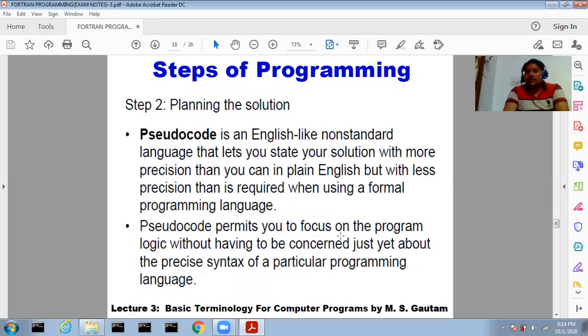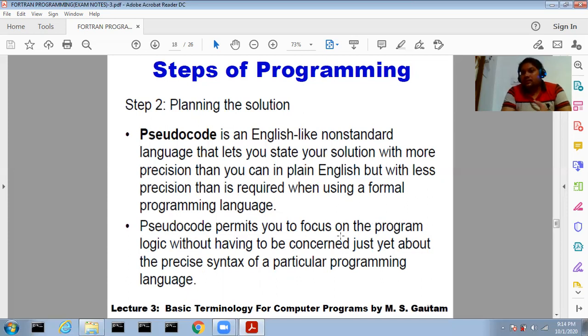Another method which can be used is pseudocode. Pseudocode is not a standard language. It is language-like, which we can easily understand, and it is not a programming language. This is a language in which we can write the program, and it is easy to understand the program logic.